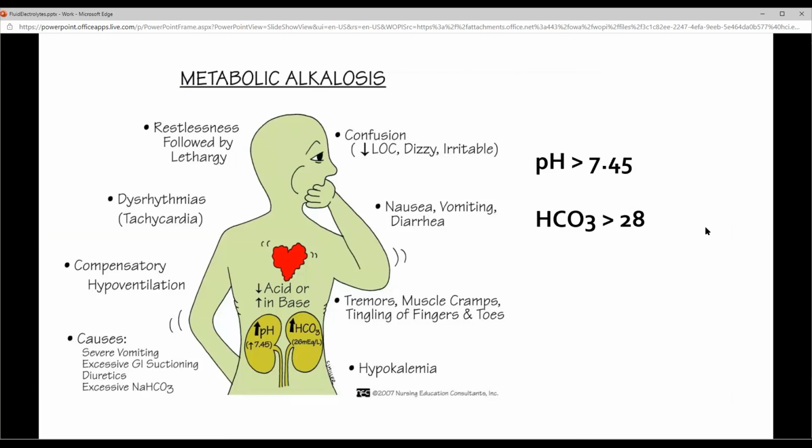Alkalosis. Metabolic alkalosis is going to be a pH greater than 7.5 and a bicarb greater than 28. So in metabolic alkalosis, pH is going to be up and bicarb is going to be up.